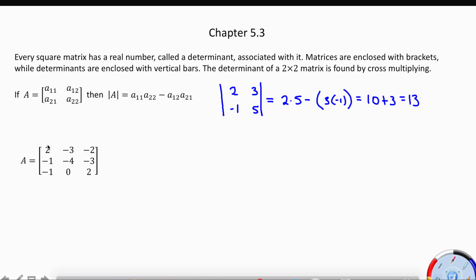We can do a similar thing to find the determinant of a 3 by 3. I'm going to rewrite the matrix by adding the first 2 columns again.